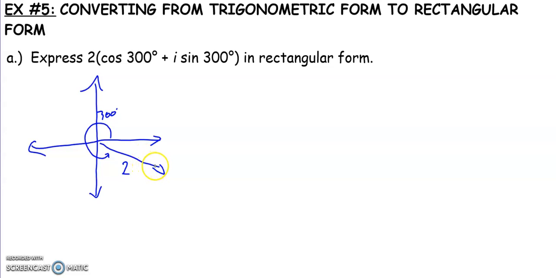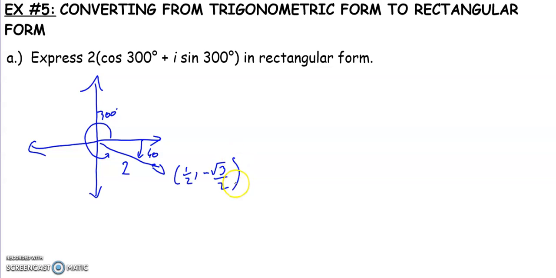Well, if this is 300, that's going to put us down. So that gives me a reference angle of 60. And if we do our 60, we are going to be at 1/2, negative radical 3 over 2.